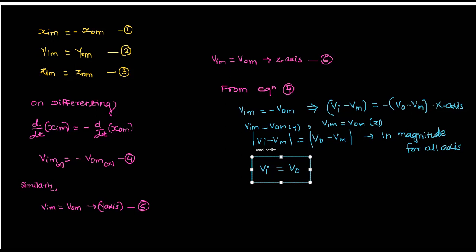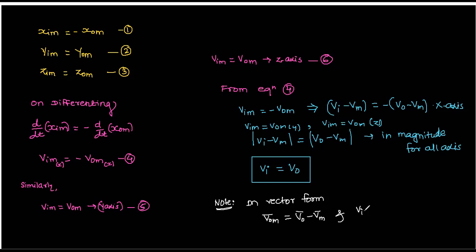And one more note point here. If you want it in vector form, if I want VOM bar, obviously you know that is VO bar minus VM bar.